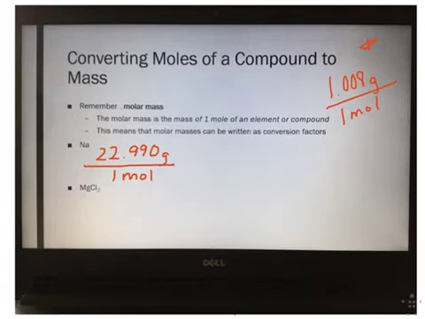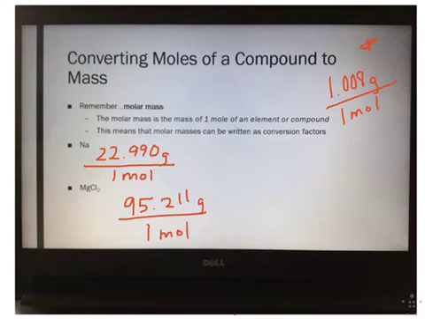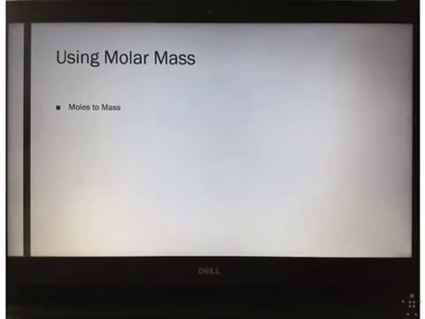If I wanted the molar mass of magnesium chloride, I would say it is 95.211 grams per 1 mole. If we start thinking of molar mass in terms of this and writing it like that, it will make it much easier to use in a conversion factor.